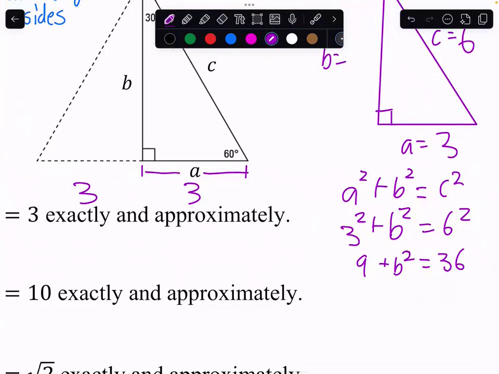Okay, so this time we can't square root right away because the exponential term is not by itself. We need to get rid of this 9 first. The 9 is getting added, so let's subtract 9 from both sides. And now that the exponential term is by itself, we can square root both sides.